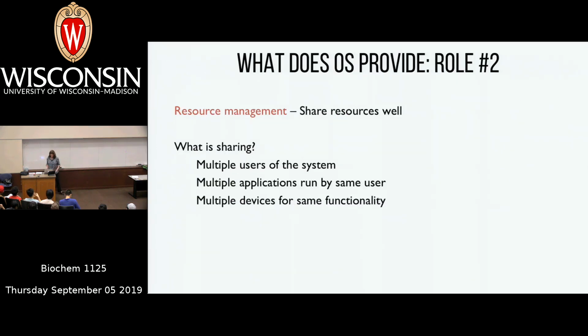Okay. Second role of the OS. This is really the more interesting one and what we'll really spend most of our time on. It's having to actually do resource management. Not only does it have to provide this interface, it actually has to virtualize those resources and let different applications share that resource in a fair and efficient manner. So the OS has to provide protection.